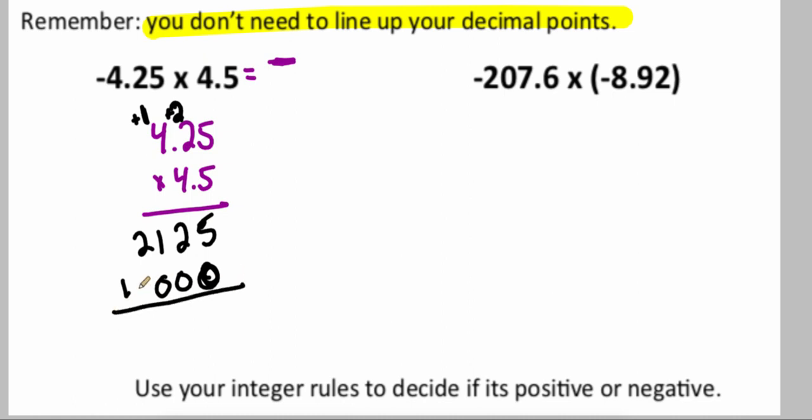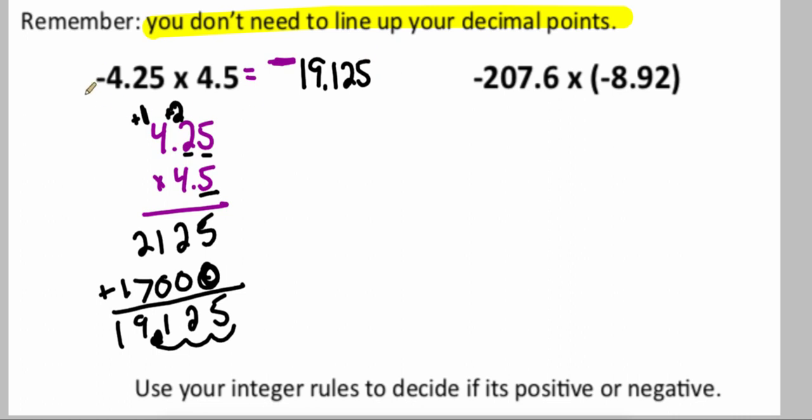In this case, my carries happen to be the same for both rows, so that made life a little easier. Add it up, and I get 19125. There were 1, 2, 3 decimal places in the problem, so I came over 1, 2, 3 decimal places, and I get negative 19.125. Remember, one negative stays negative.